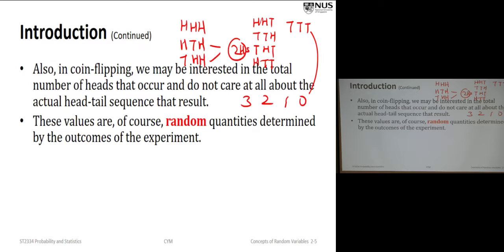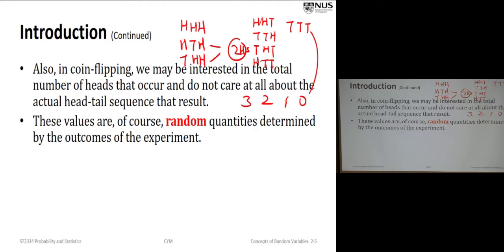You see, the problem is that once you consider the sequences, each of these sequences in fact is equally likely. So that's why they are important. We have to assume that they're equally likely, but not 0, 1, 2, 3, because 0 corresponds to only 1 sample point, that is tail, tail, tail.